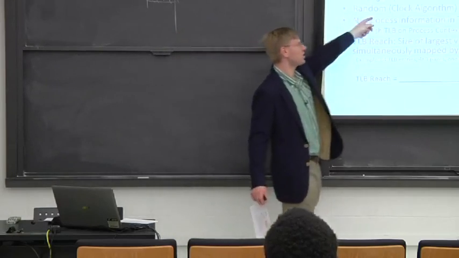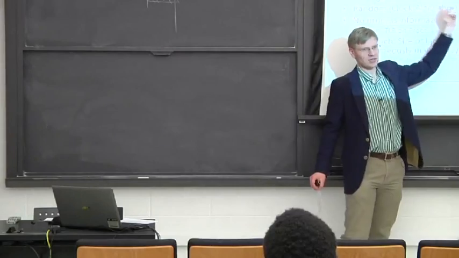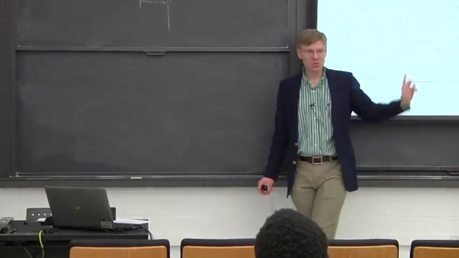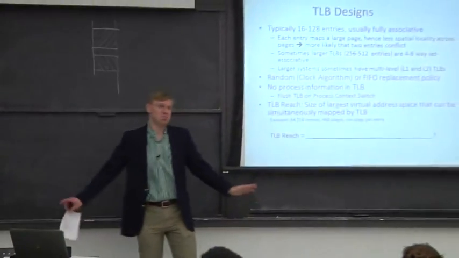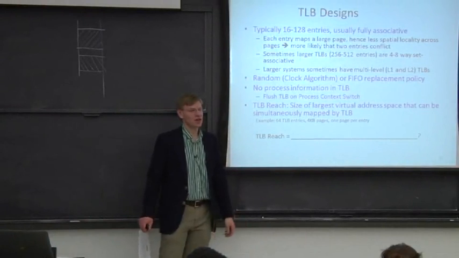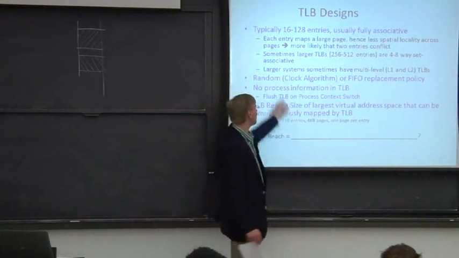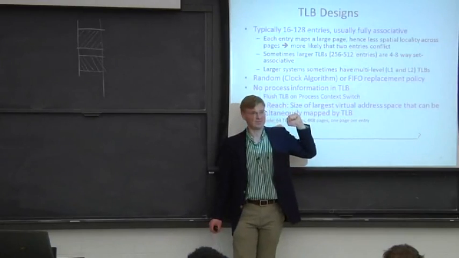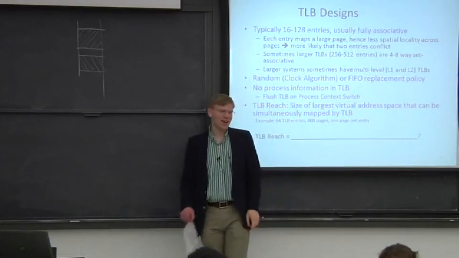But from a replacement perspective, people have tried lots of different things. Something that actually works surprisingly well is just random. You just randomly choose an entry, kick something out, and you replace it. Random is actually hard to do sometimes, believe it or not.